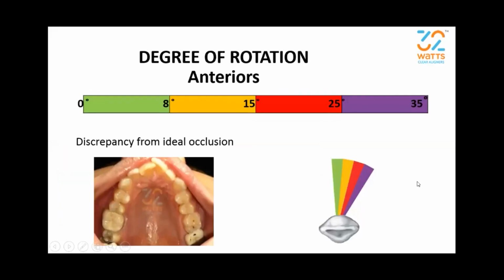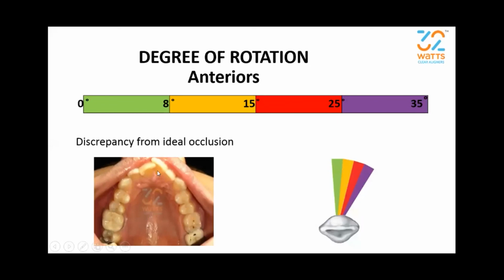Now, as far as the degree of rotations are concerned, we have divided the rotations into 3 segments: the anterior rotation, the cuspid rotation, and the posterior rotation. Similarly, we have categorized the rotations into mild, moderate, standard, and advanced, depending upon the severity of the rotation in the anterior segment.